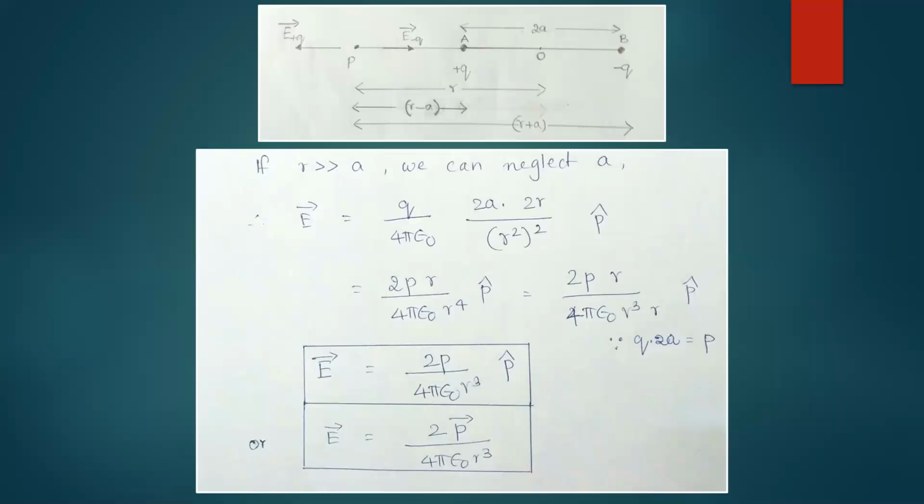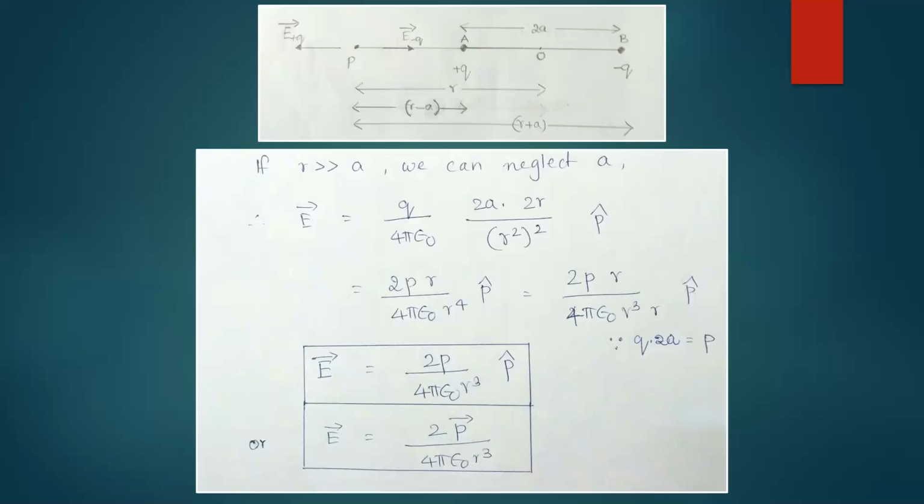Denominator, it will become 4 pi epsilon naught R to the power of 4 into P cap, that is equal to 2PR by 4 pi epsilon naught. We will write the denominator as 4 pi epsilon naught R cube into R. R and R in the numerator and denominator is cancelled. Therefore, we will get E bar is equal to 2P by 4 pi epsilon naught R cube into P cap.